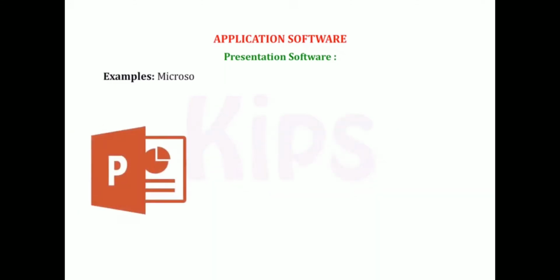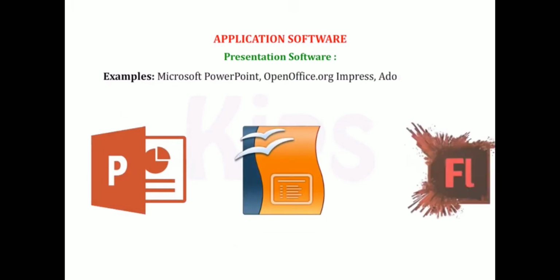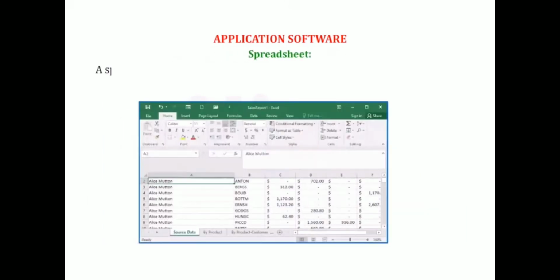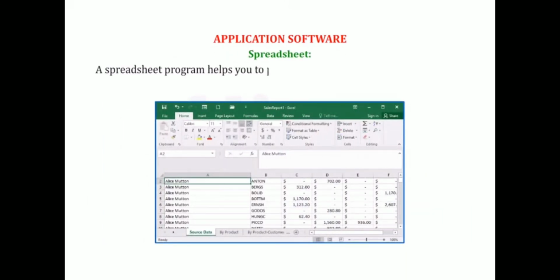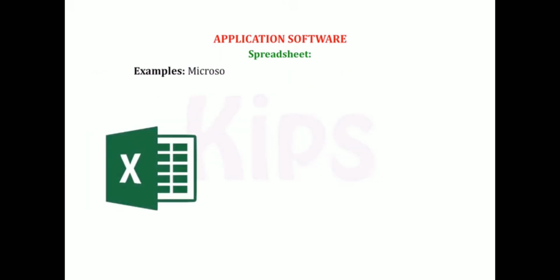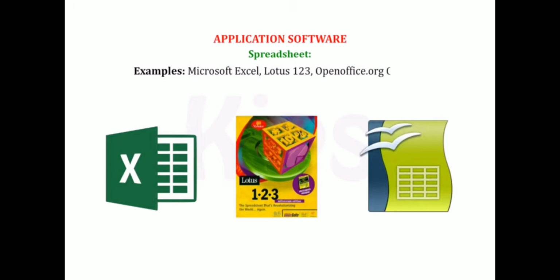Examples: Microsoft PowerPoint, OpenOffice.org Impress, Adobe Flash, etc. Spreadsheet. A spreadsheet program helps you to perform calculations and display the data in the form of a chart to analyze in a better way. Examples: Microsoft Excel, Lotus 123, OpenOffice.org Calc, etc.